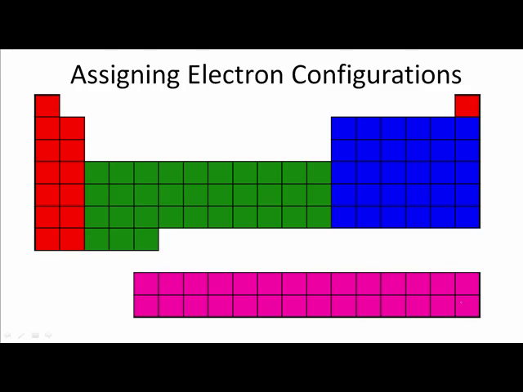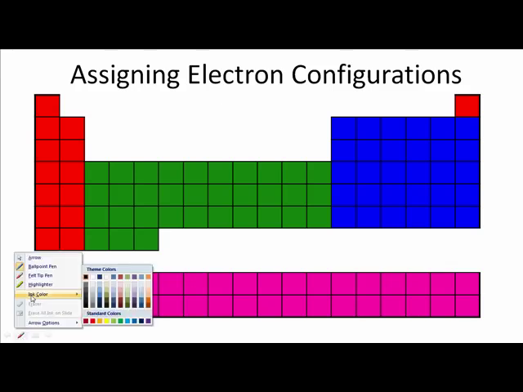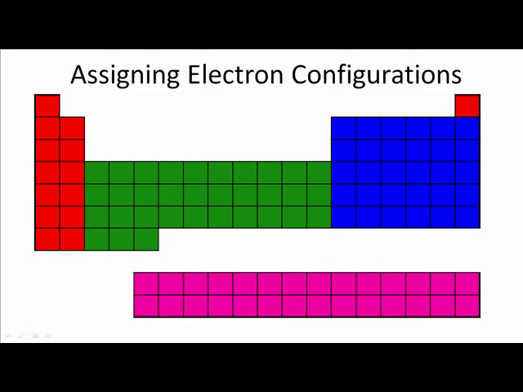This section at the bottom really fits in right over here. This purple section really fits in over here, but that would make the periodic table too long to fit on the page. And so we kind of break it down and pull it out.